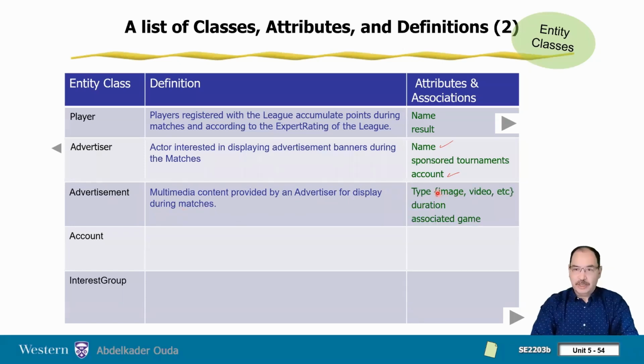So we can see here the type of the advertisement, like I mentioned, video, image, audio, and so on. If it is a video, then what is the duration for the playout? And then which game it is related to. We can also add this information here.